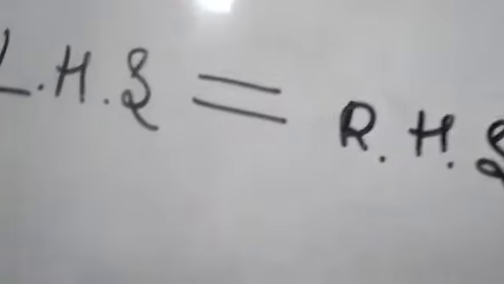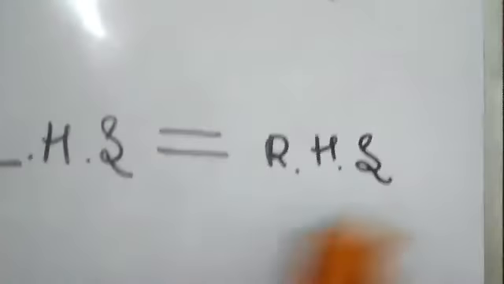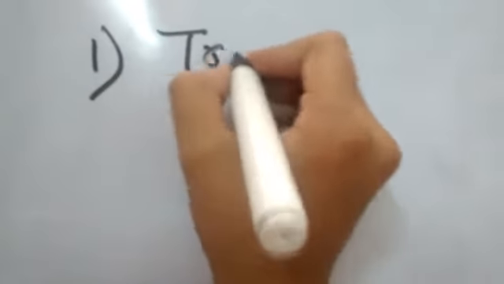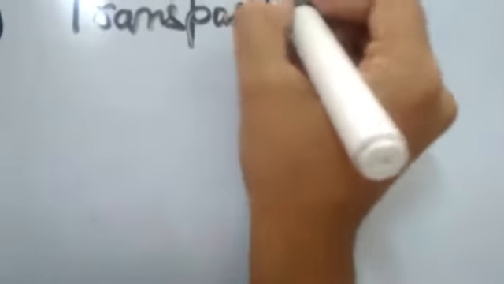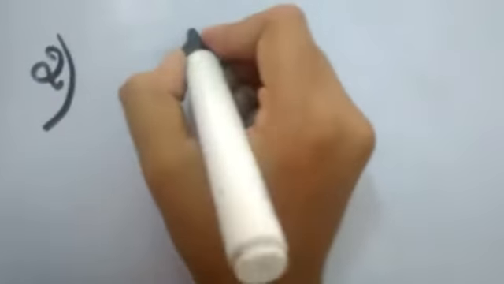Okay, now today I am going to tell you some methods of how to solve linear equations. There are three methods. First is transposition. Second is balancing.